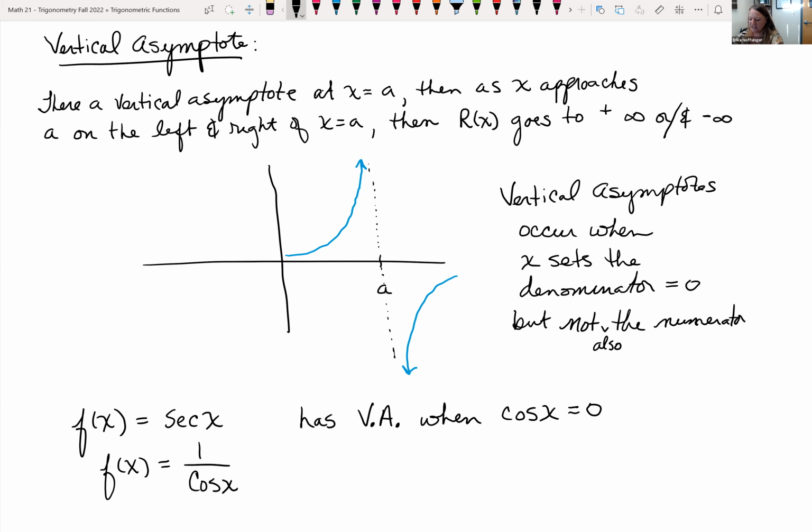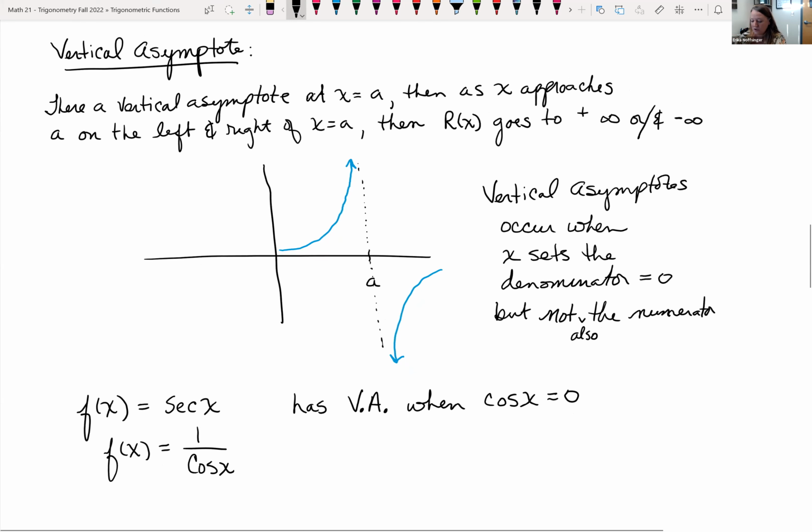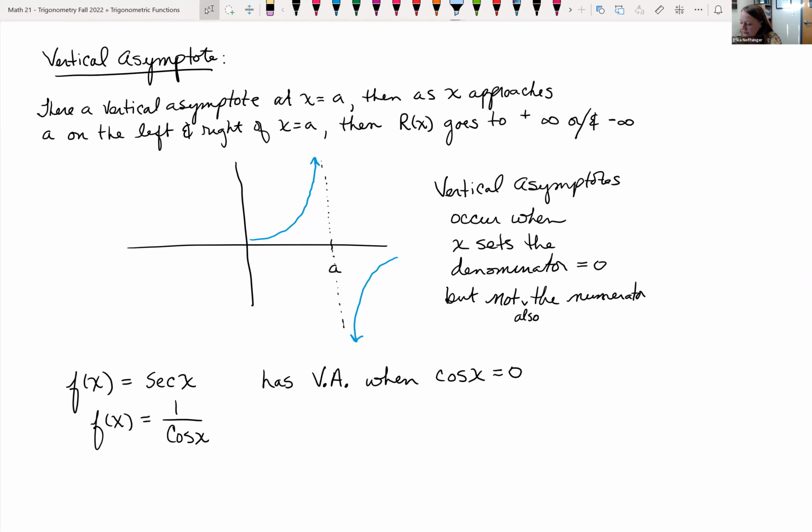So if we looked at the unit circle, you can think about it. Remember, cosine of x was the x value on the unit circle. And so the values that set cosine of x equal to 0 are at pi halves. If we rotated this way, it would be 3 pi halves.